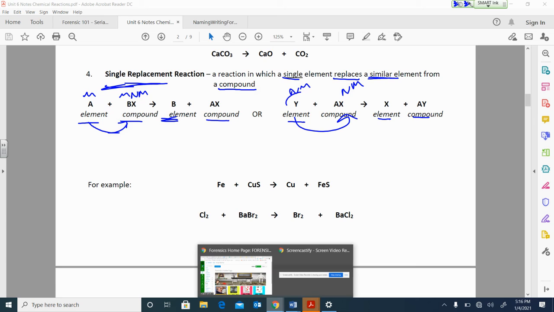So there's always going to be a single element on both sides of the arrow, both sides of the reactant and product side. There's always something single. It's just going to be a different element single because one of them takes its place.